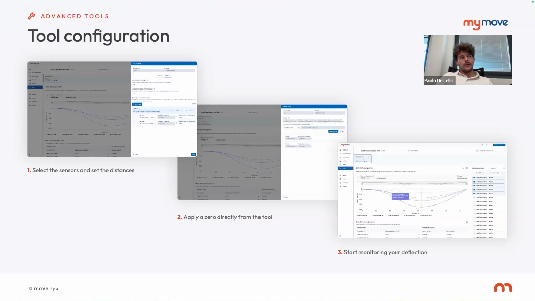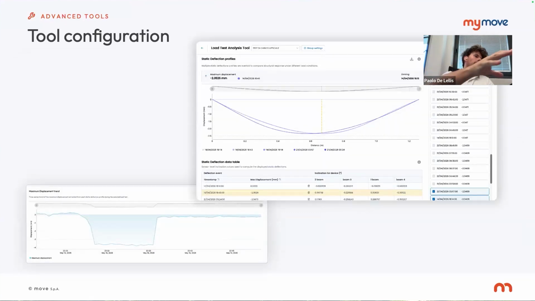After this, the configuration of the tool is practically done, because you have only to apply a new zeroing on the tool configuration part, and you select the event that you want, and automatically the system selects the event and applies the zero. After this, you start monitoring your deflection, and you obtain a chart like this practically.